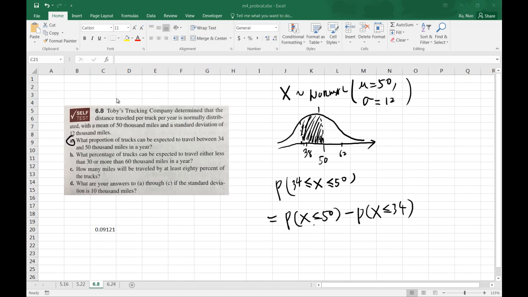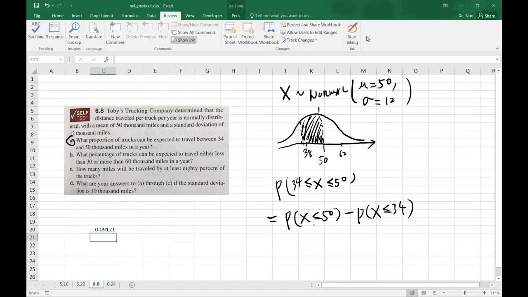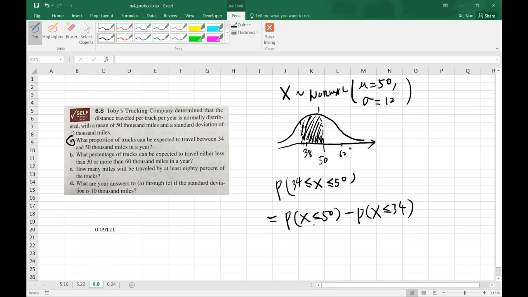Now I'm going to ask another question that might sound slightly more tricky. I'm going to carve out 5% at this right tail. So this area is 5%. Now I want to figure out what is the corresponding mileage at this x-axis.